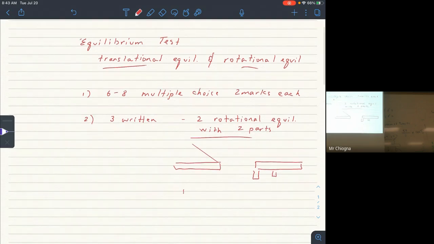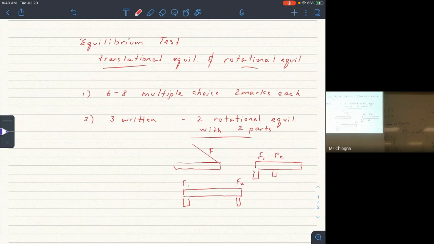Then this type, a platform, almost like a bridge, solving for one of the unknown forces. Here you'd solve for this force, and in this one you'd probably solve for F1 and F2. Same thing here, F1 and F2.